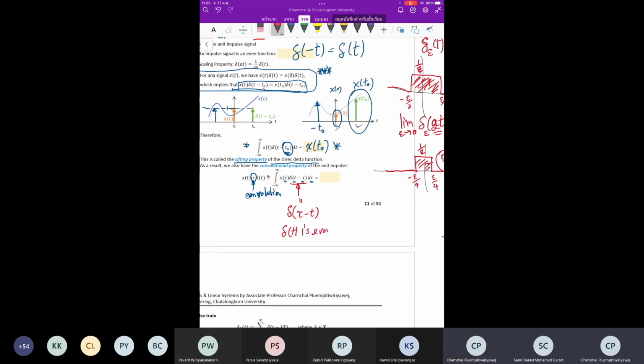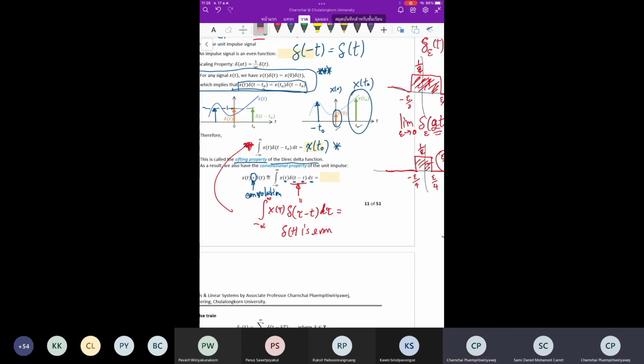Now if we integrate x(tau) delta(tau minus t) d tau from negative infinity to infinity, what do I get? Same as the one above: not x(tau), but x(t).